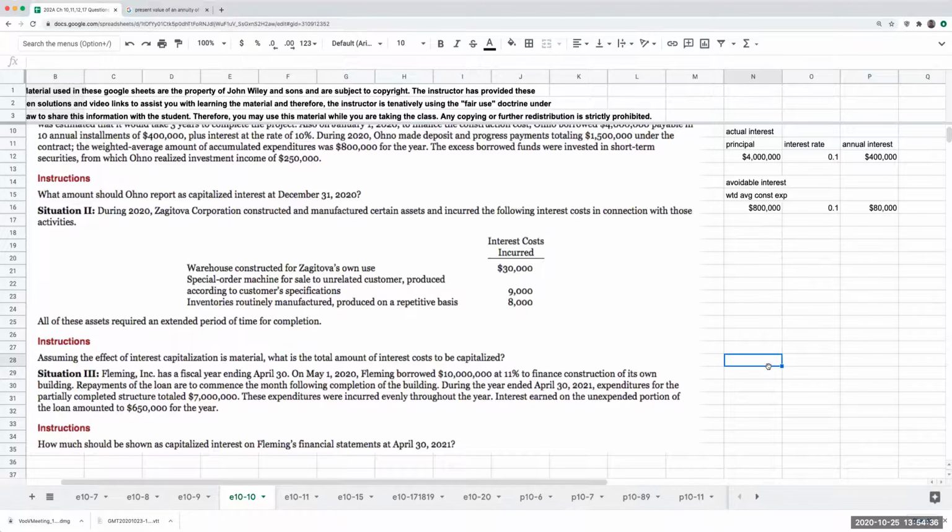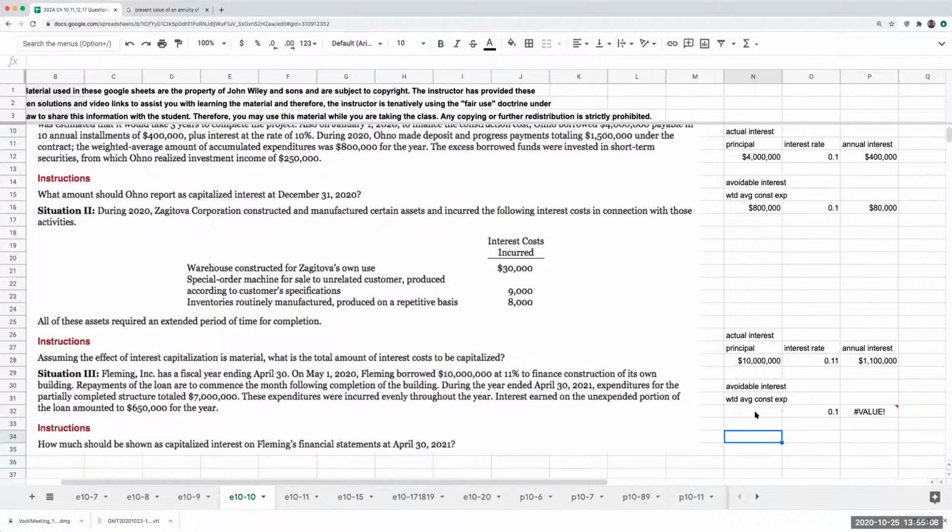So the actual amount of interest for the year, and we can just copy this down, my principal is 10 million. And my avoidable interest, and this is what's tricky, okay, the expenditures for the partially completed structure totaled 7 million. These were incurred evenly throughout the year.